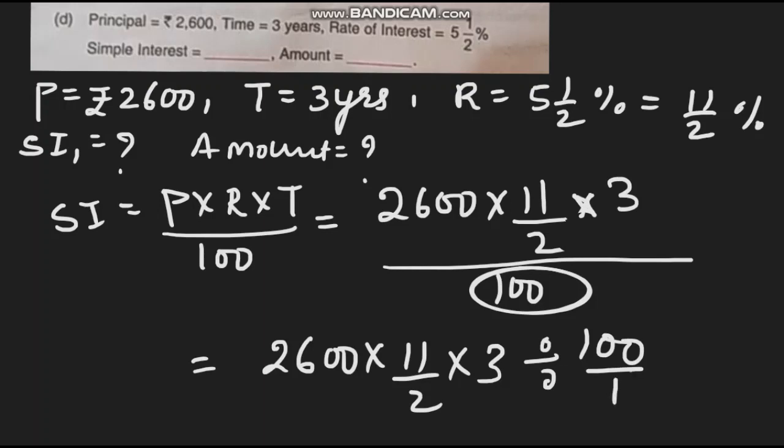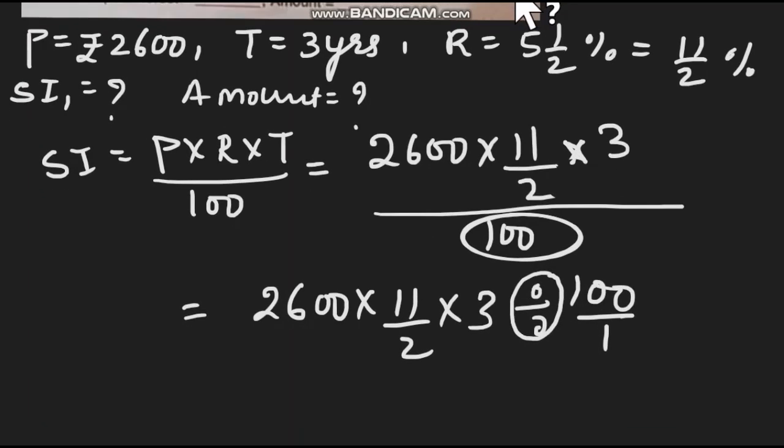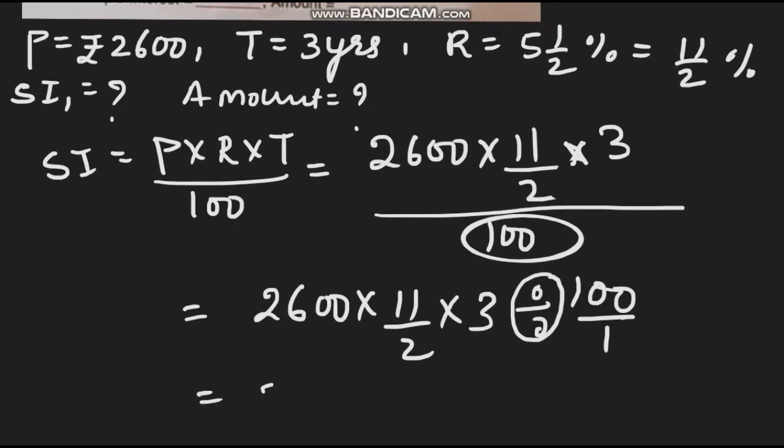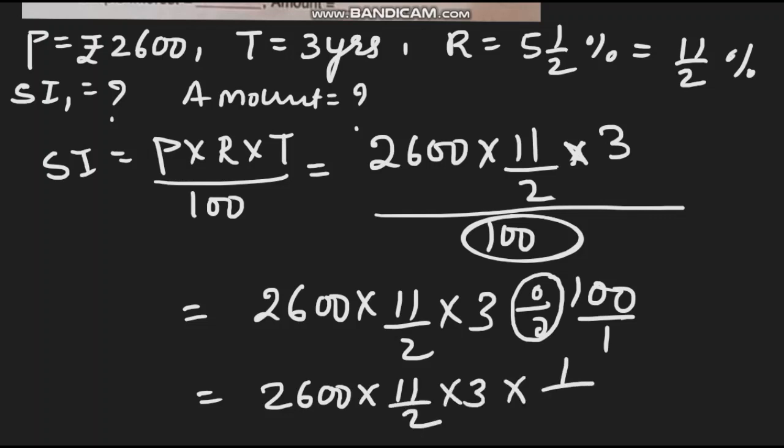Now in the next step you can change this divide to multiplication sign, and then this 100 by 1 will be changing into 1 by 100. So let us move forward with this step. This will become 2600 into 11 by 2 into 3 into 1 by 100.